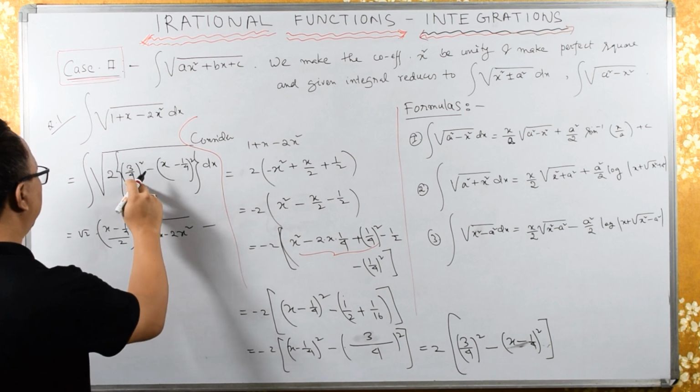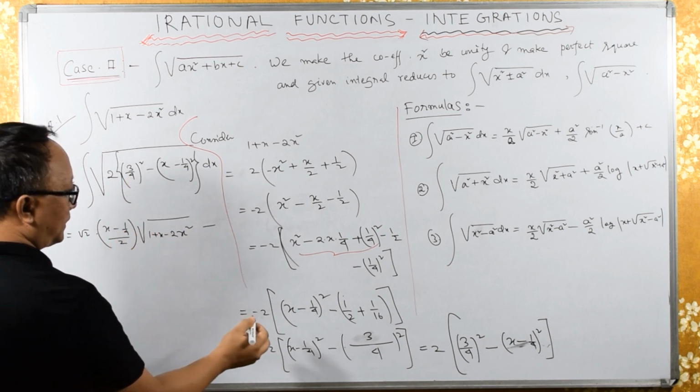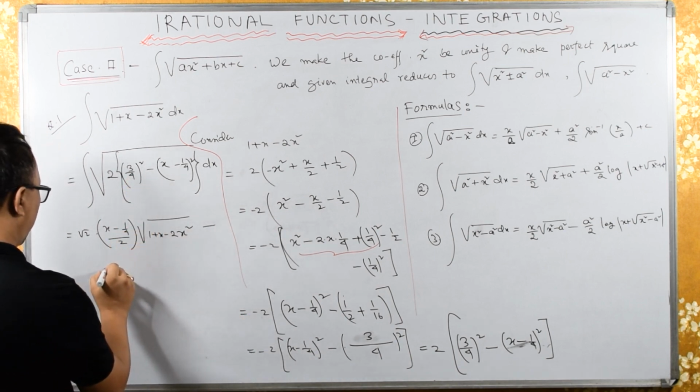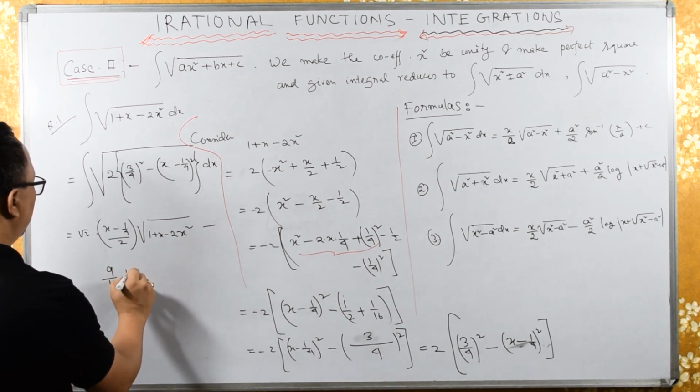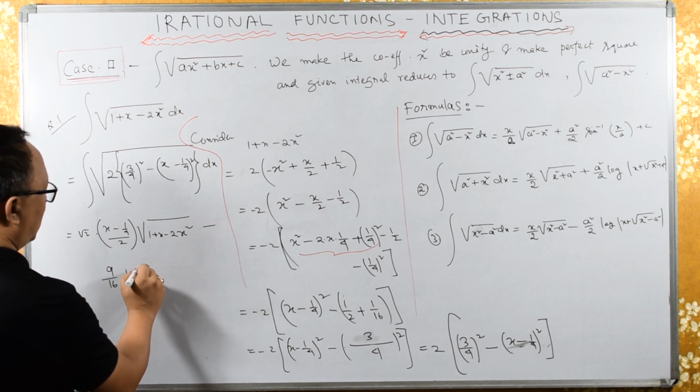What is a? We have this. a square is, we have 3 3's are 9, 4 4's are 16, so a square upon 2.